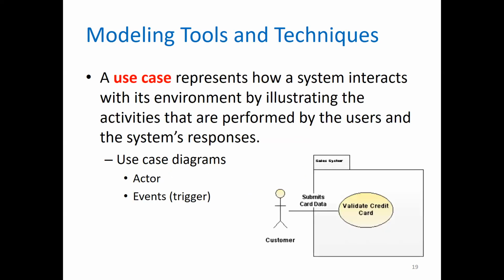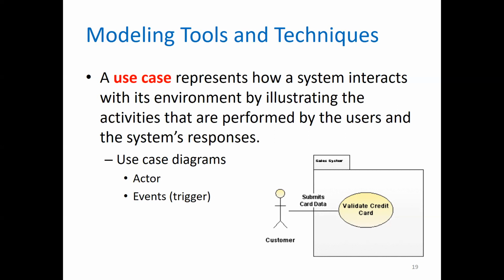The other model that is used in requirement modeling is the use case. Use case is definitely one of the important ones and is still used to this very day. A use case represents how a system interacts with its environment by illustrating the activities performed by the users and the system's responses.